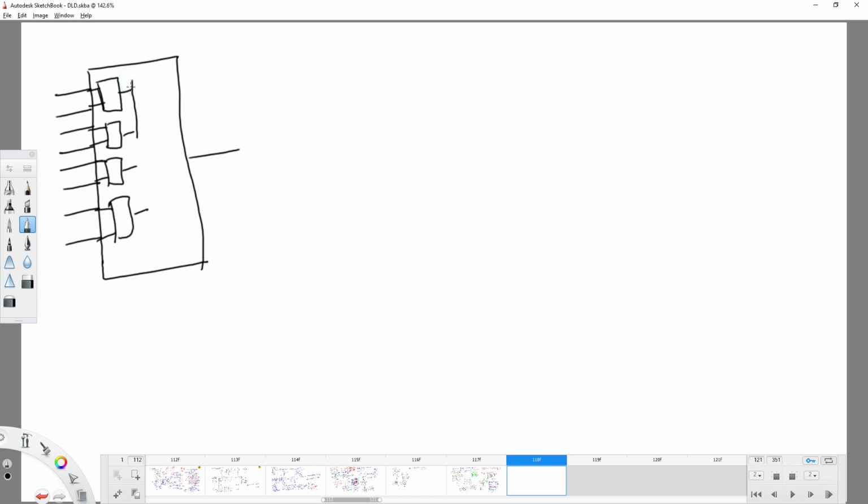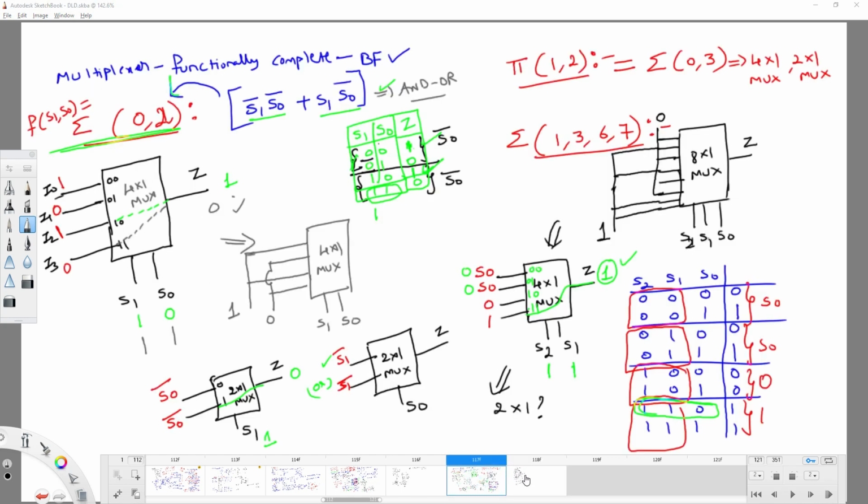Again these two are combined, again these two are combined, and these are produced as one output, again combined, then you get one output, right? It means an 8 by 1 mux can be realized with the help of 2 by 1 muxes also. Once you construct a circuit with one kind of multiplexer, you can get it with any kind of multiplexer. So in the next class we'll see how to construct it like that.